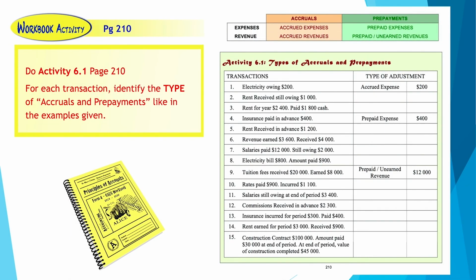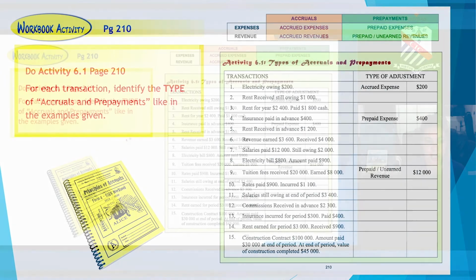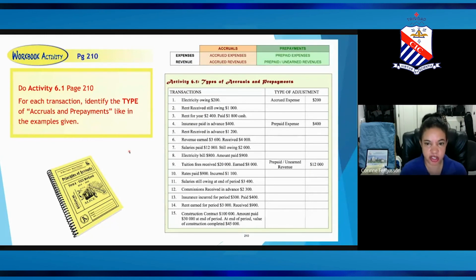So this is the activity, and you're just going to be answering these questions. And once again, how you answer. First thing I would suggest you do is state whether it's an expense or revenue, and then you can identify whether it is accrual or prepayment. So for example, electricity owing 200.